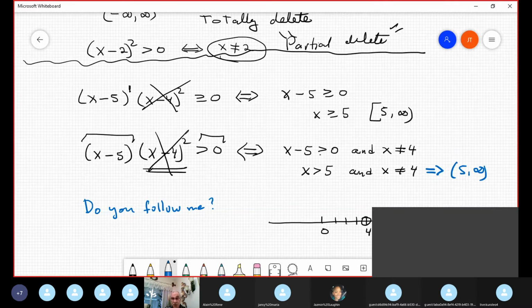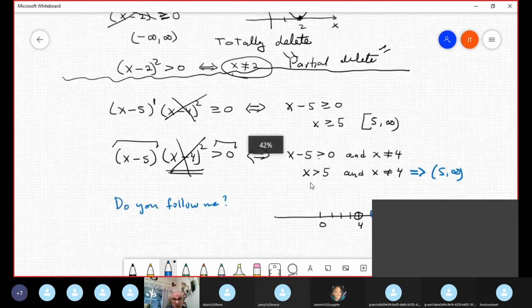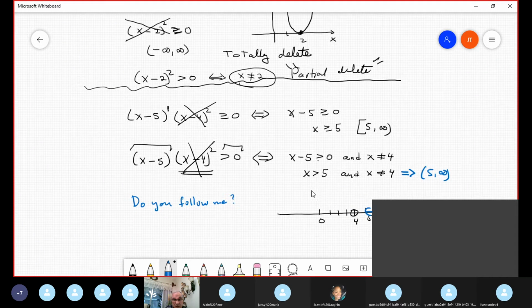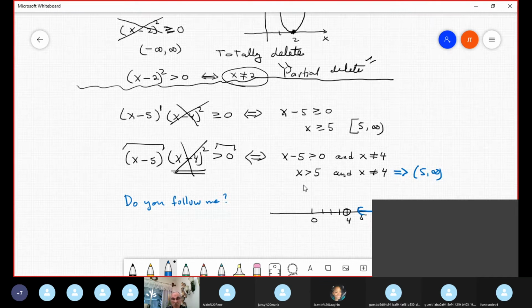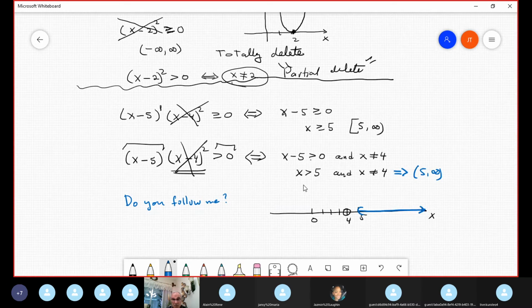The new thing I am trying to explain now is that we have a special case. And the special case is extremely easy to solve, so you do not have to complicate your life doing the big table with all the testing points. When you have a factor whose exponent is even, you have two possibilities: totally delete or partial delete.